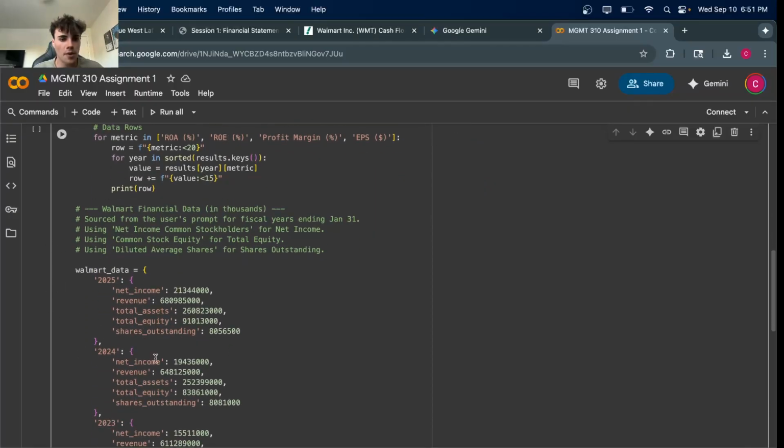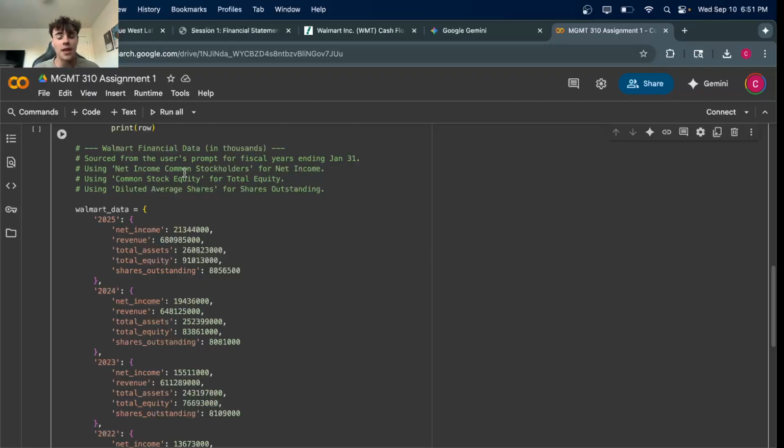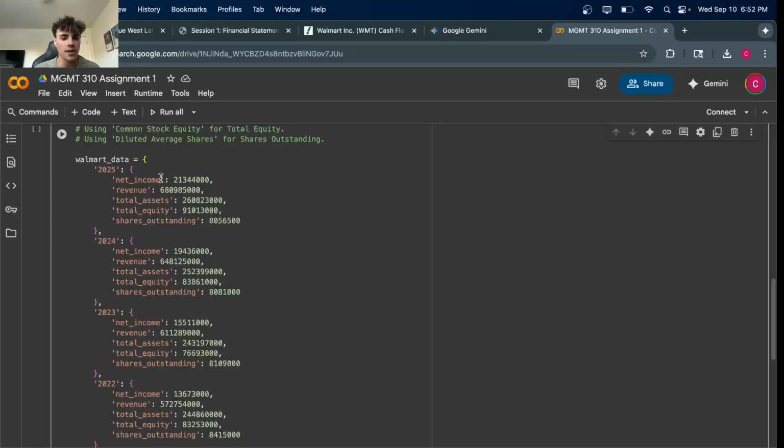Right here is the Walmart data, and it's in thousands, as it said on Yahoo Finance. It's taking everything that I inputted from Yahoo Finance and found the net income and the revenue for the year in 2025 all the way down to 2022.